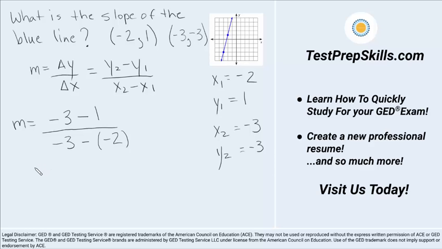Okay, so let's just simplify this. Negative 3 minus 1 is simply negative 4. And in our denominator, we have negative 3 minus negative 2. So we need to take a step here. We'll just recopy our negative 3. Now, minus negative 2, we need to multiply these two signs together.